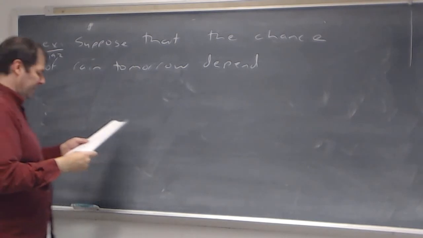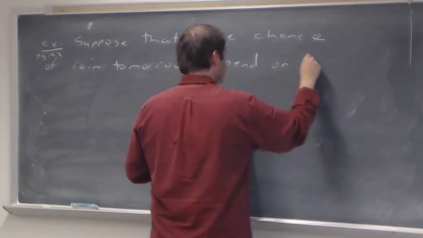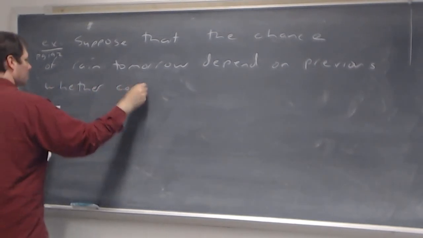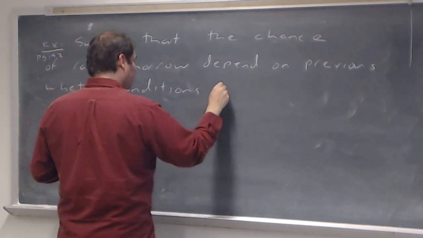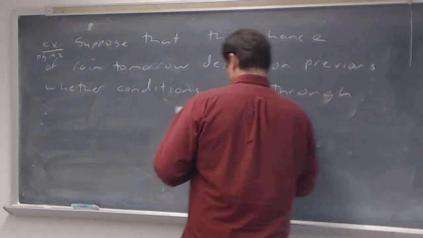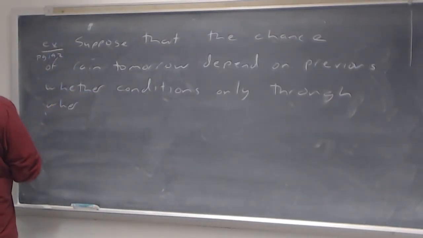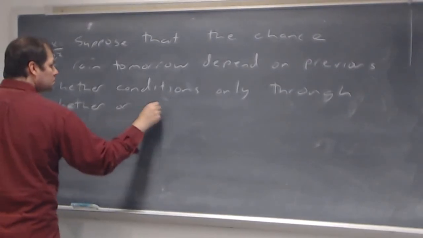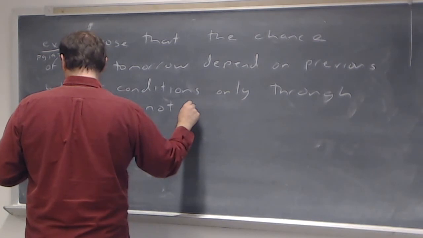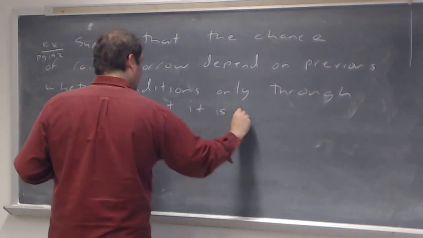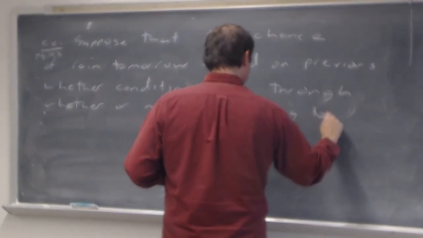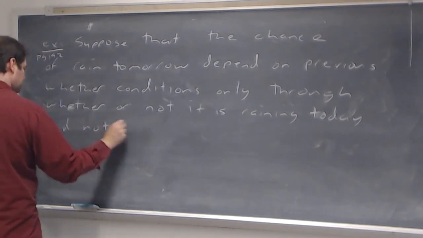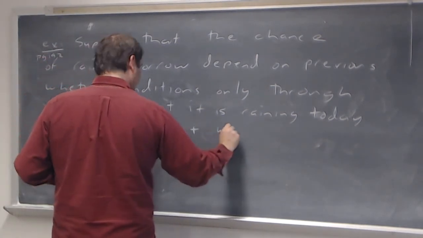So suppose that the chance of rain tomorrow depends on previous weather conditions only through whether or not it is raining today, and not on past weather conditions.